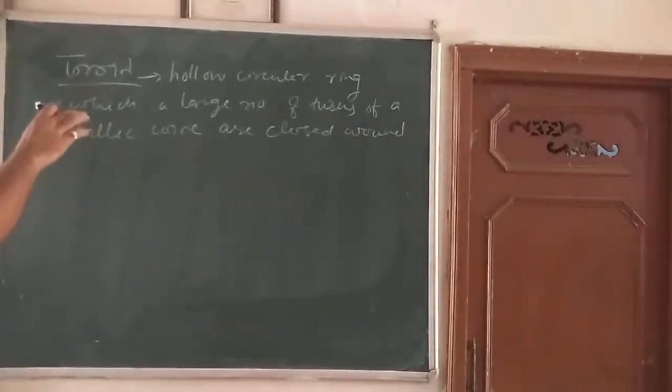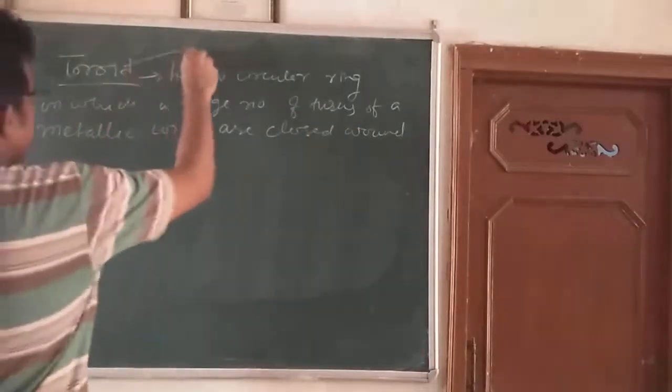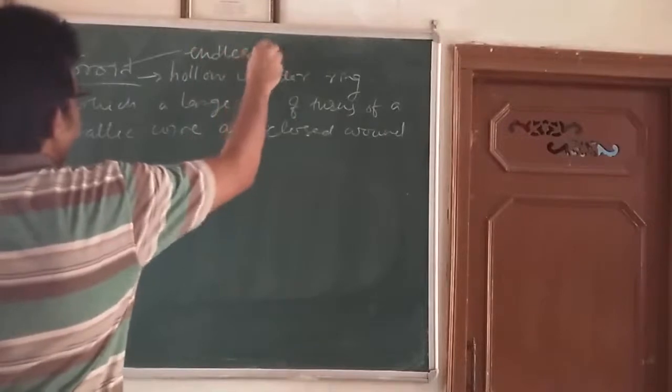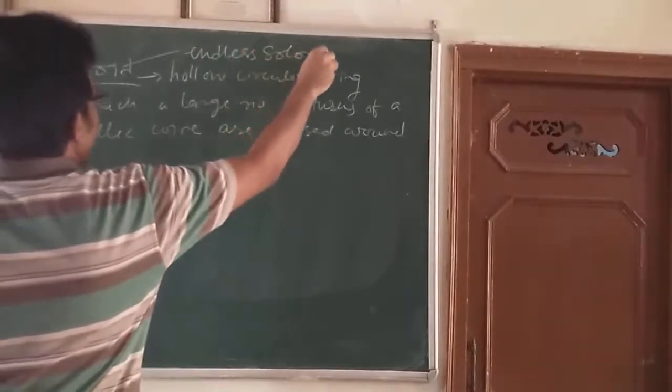The toroid, you can say, is an endless solenoid. You can say like this.